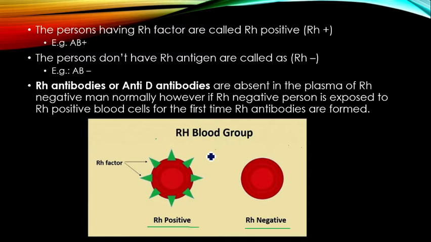But in Rh blood grouping, Rh antigen is present, which gives positive to the blood group. But Rh antibodies are commonly absent.